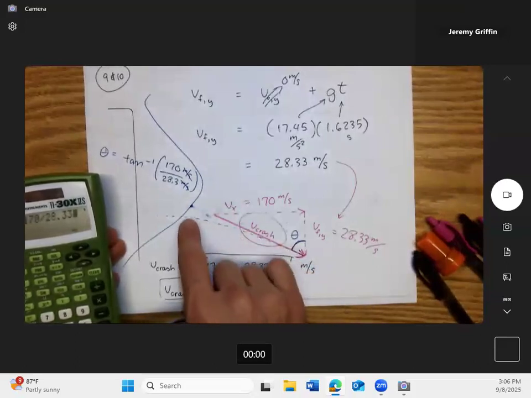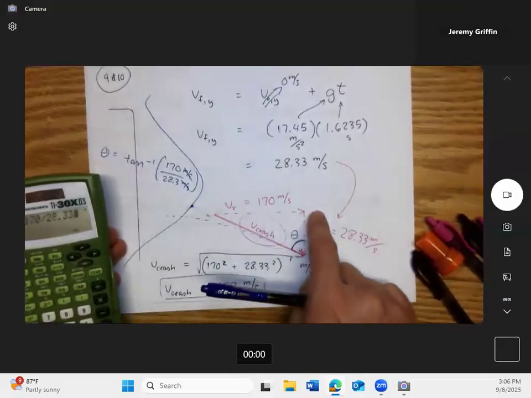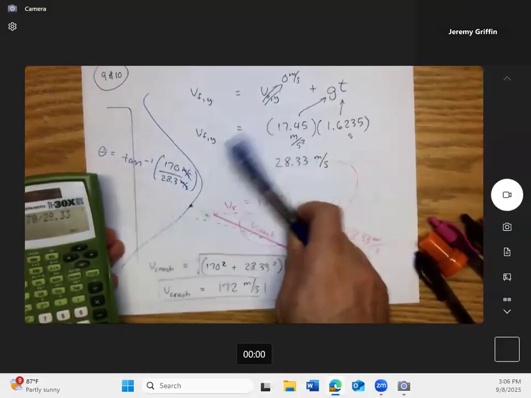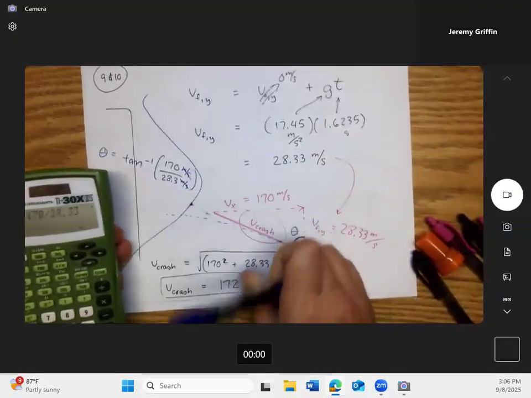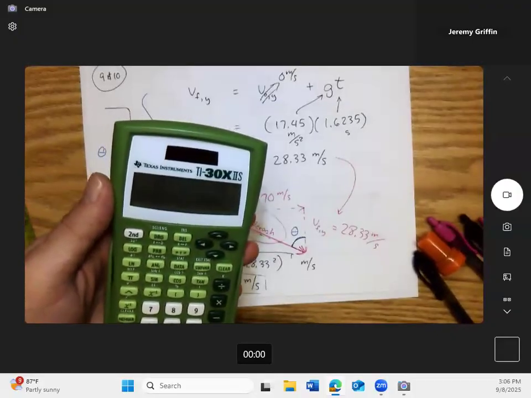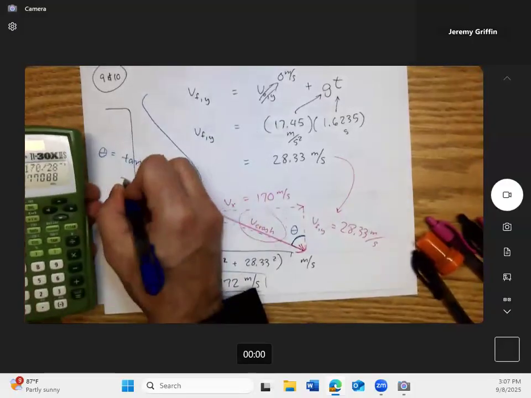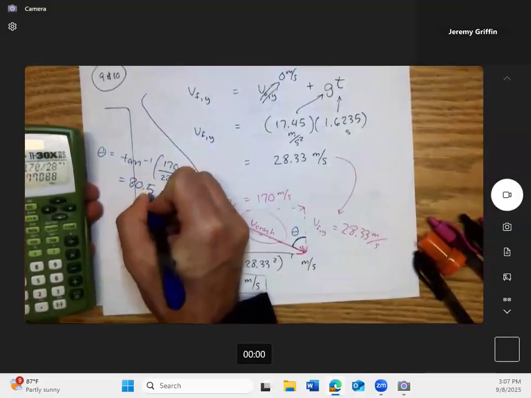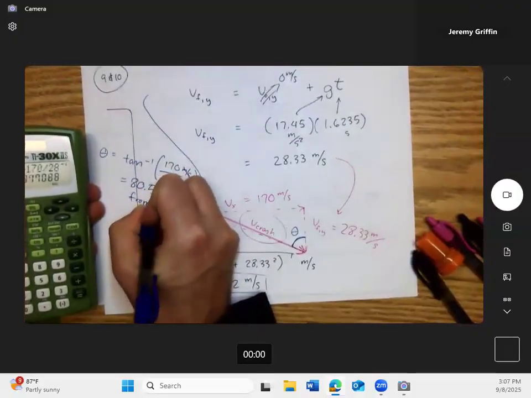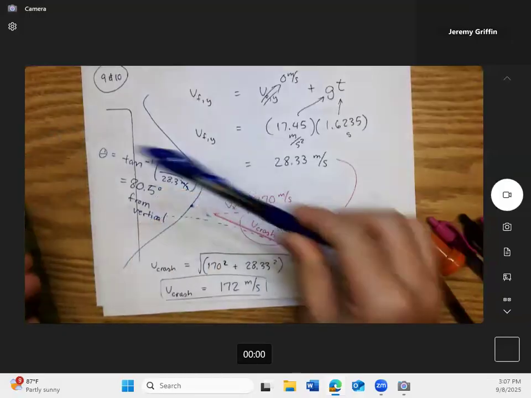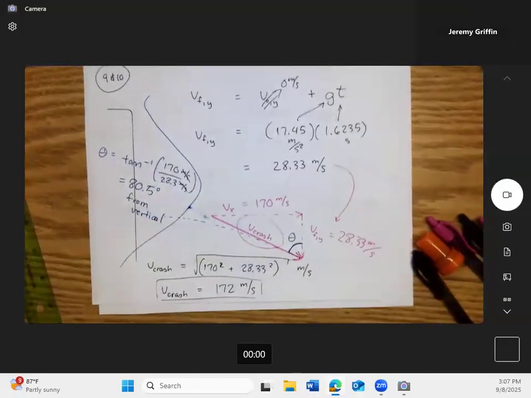My picture's not even to scale. This is 170 this way and only 28 this way. I'm going to guess about 80, 85 degrees. Let's see. Oh, 80.5. Right in there. So it's coming in at 80.5 degrees from the vertical.